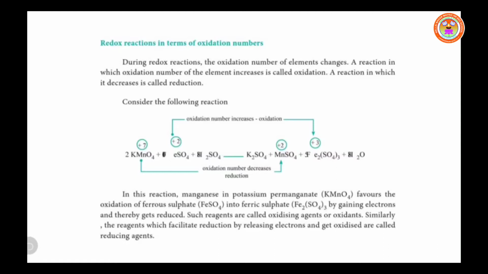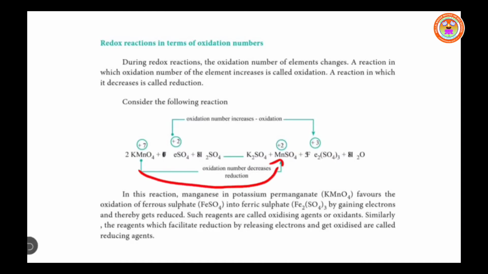Here acidified potassium permanganate functions as an oxidizing agent. Generally, a substance that functions as an oxidizing agent will itself undergo reduction. Therefore, during this reaction, the KMnO4 is reduced to manganese sulfate.